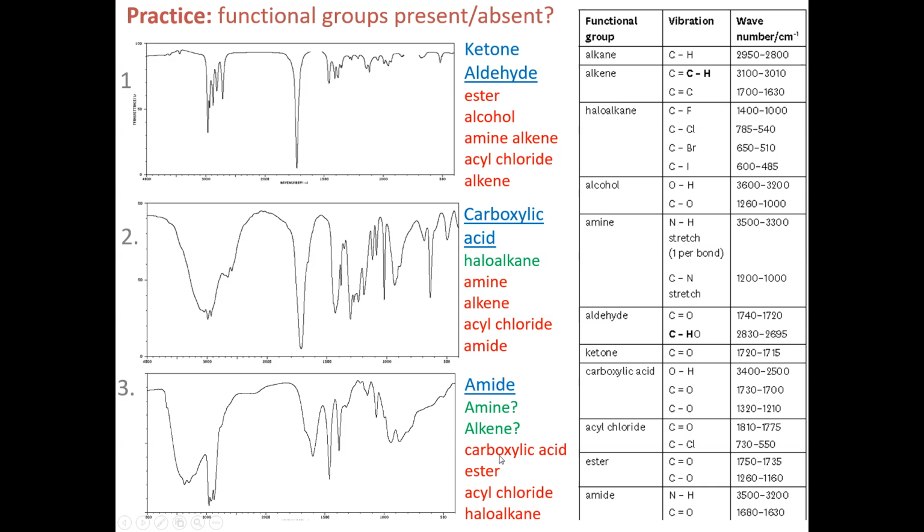It's not a carboxylic acid, ester, acyl chloride, or haloalkane, and think of the reasons why. An alkene is a bit difficult to see because the alkene peak could be hidden over here, although normally it's sharp and narrow. An amine would have this peak over here, so it depends if this was an anomaly or not, and you would support it with other evidence.